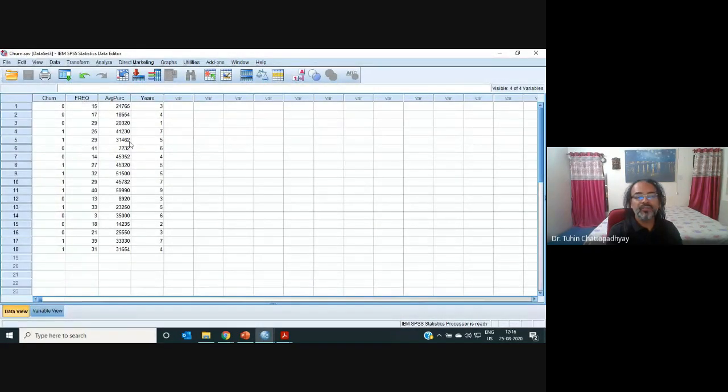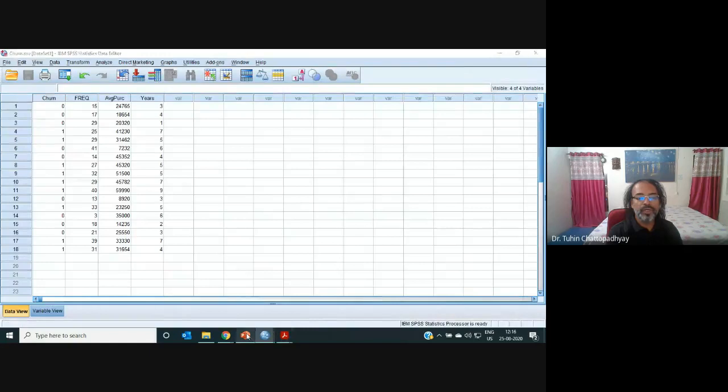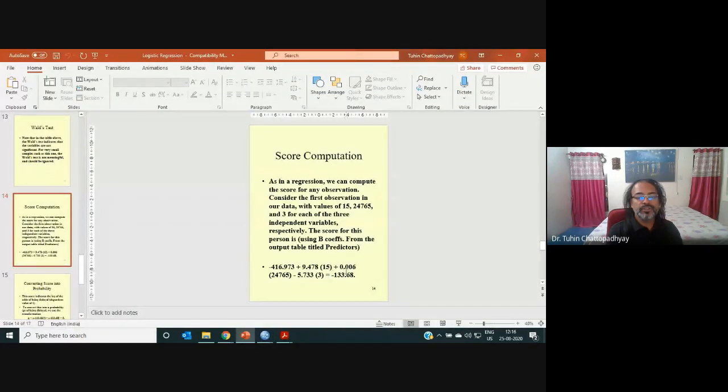Here is the 15, frequency. Then 0.006 is the coefficient of average purchase, multiplied by 24765, and years has a coefficient of -5.733. So for the first observation, we are getting a score of -133.68. So that's how you can score.